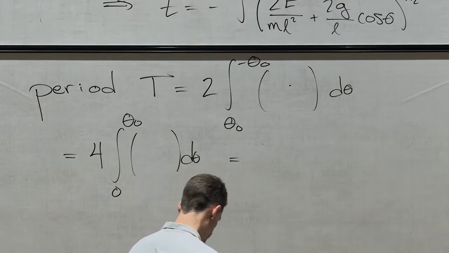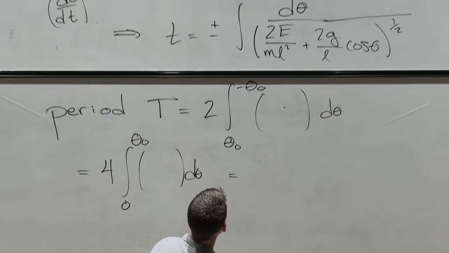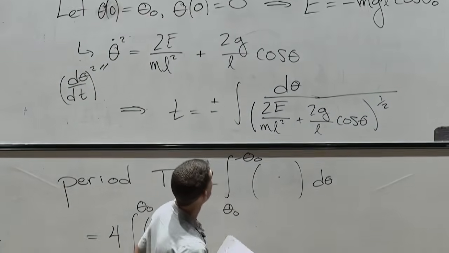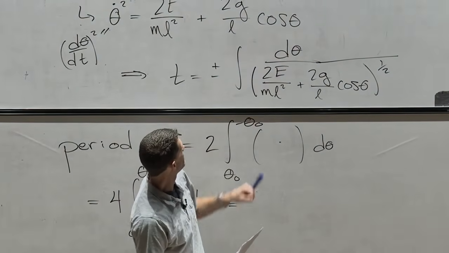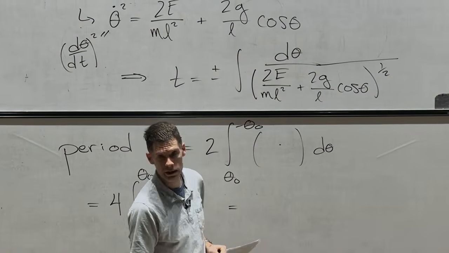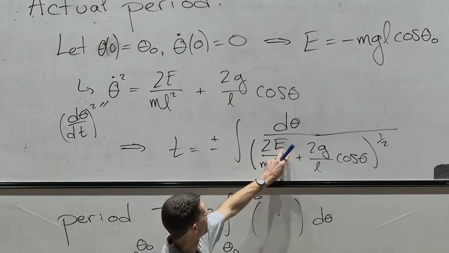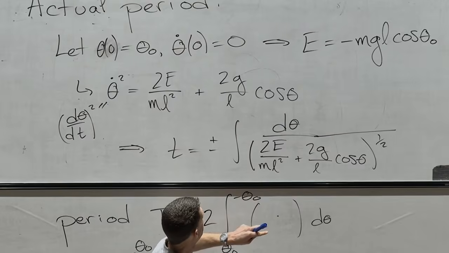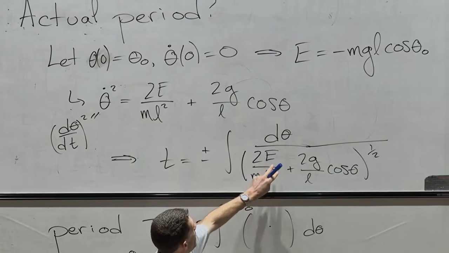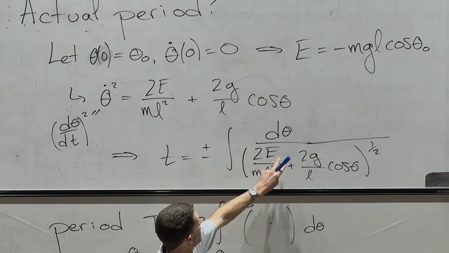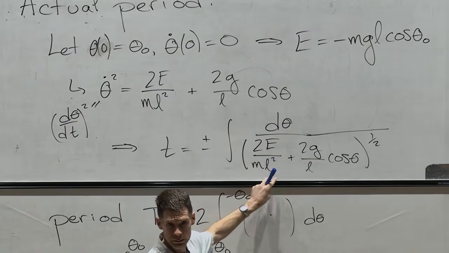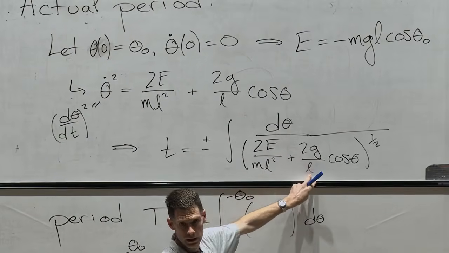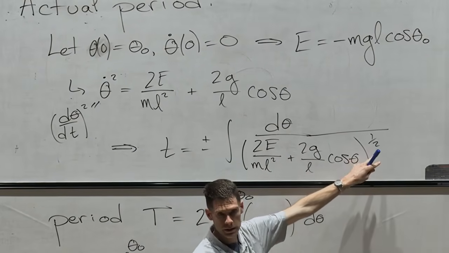Yeah, so let's take that one step further. My E has an mgl cosine theta naught, which is going to live here. Cancel out the m, and then you have an l over l squared, which means both of these terms have a g over l inside a square root.